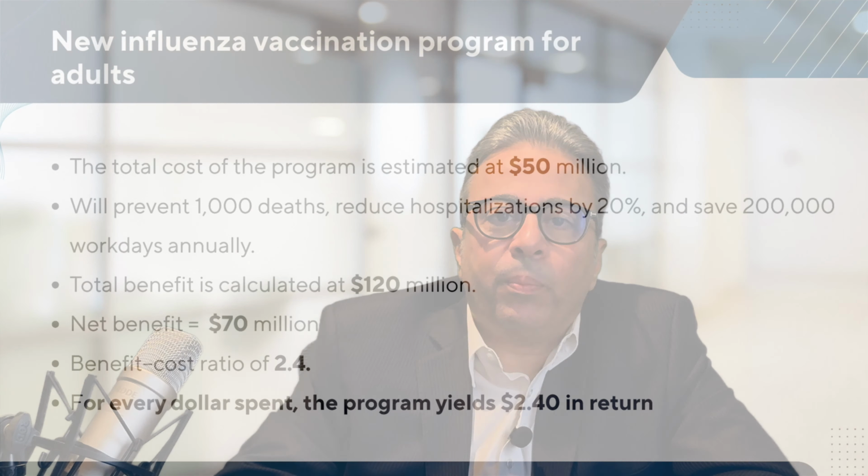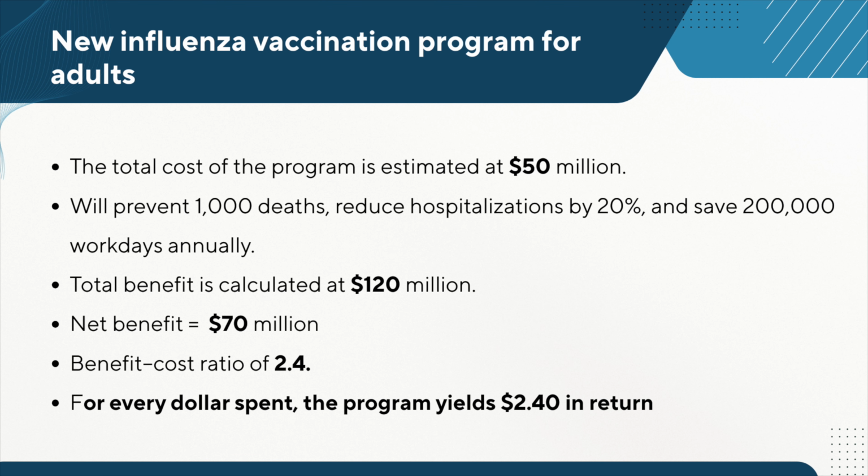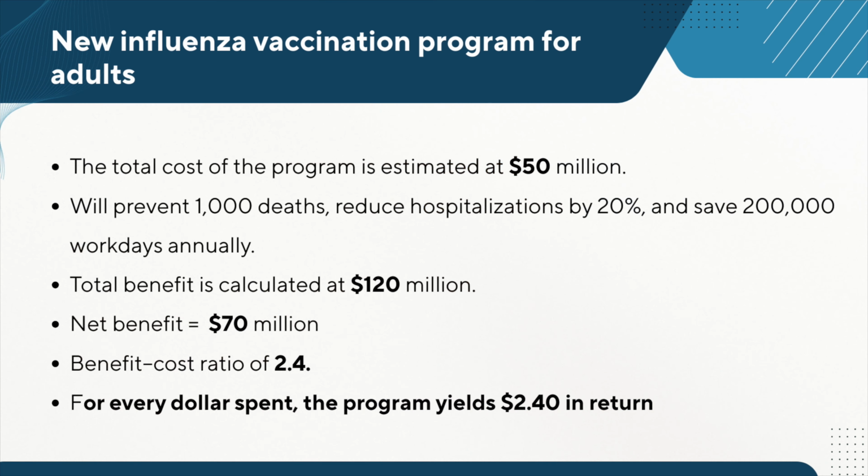Let's have another example, and imagine this time a government evaluating a new influenza vaccination program for adults. The total cost of the program is estimated at 50 million US dollars. However, it is projected to prevent 1,000 deaths, reduce hospitalization by 20%, and save 200,000 work days annually.